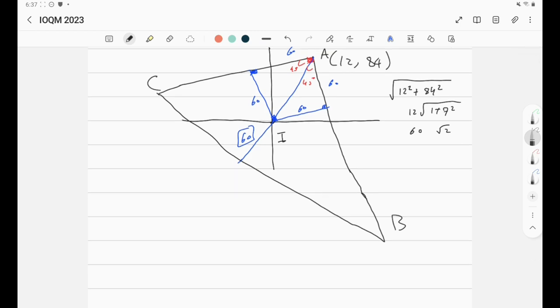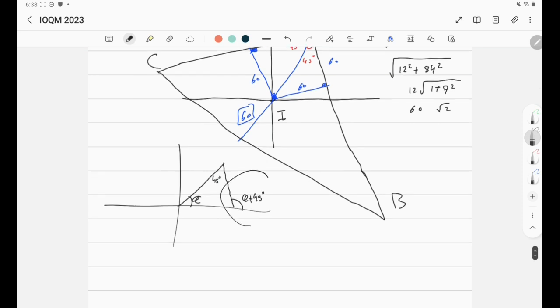We're just going to use this idea of the tangent here. If this is theta, and we draw 45, then this angle is theta plus 45. So the slope of this is the tangent of this.